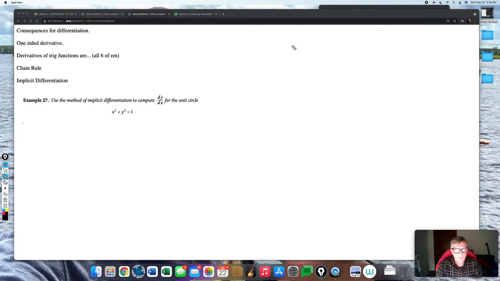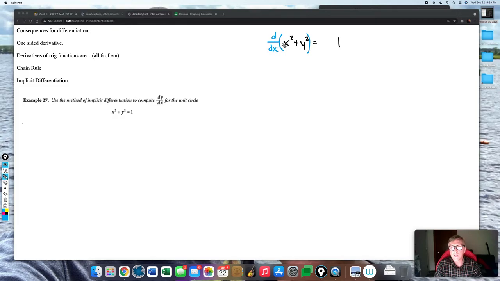So to find dy dx, what I'm going to do is I'm going to take this equation and write it down. I'm going to space out something in front of the 1. And I'm going to do something to both sides. Listen carefully as I say this: I'm going to differentiate this expression with respect to x.